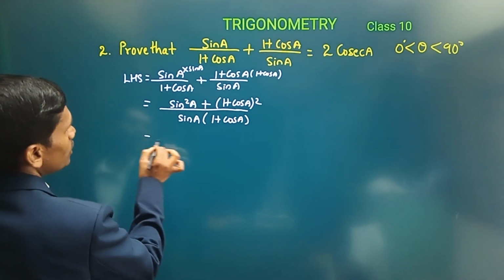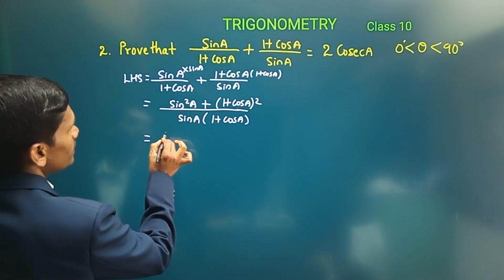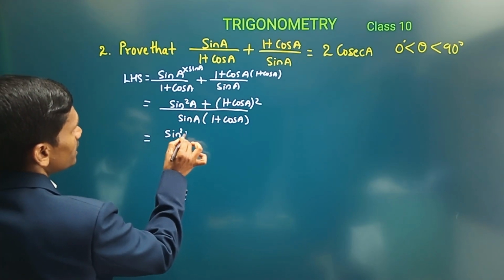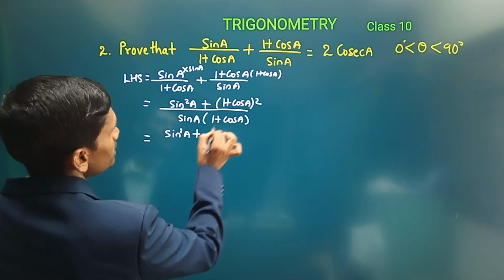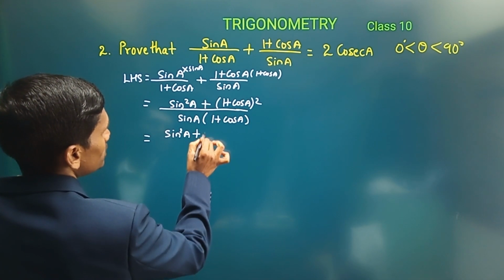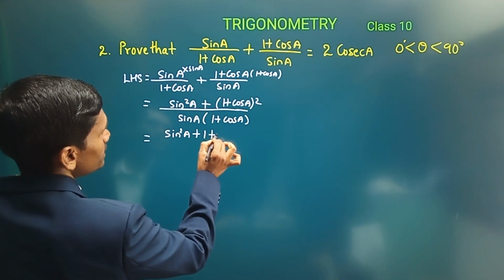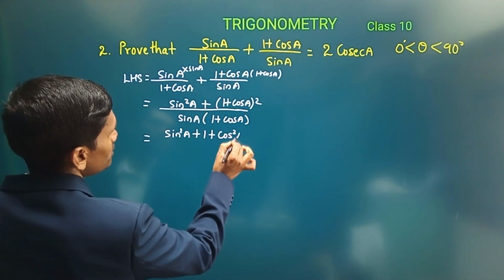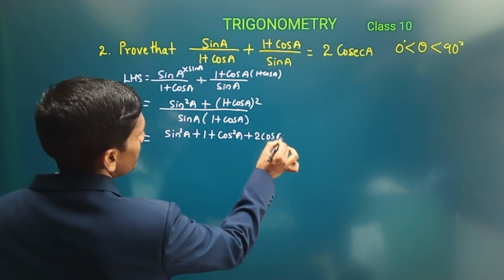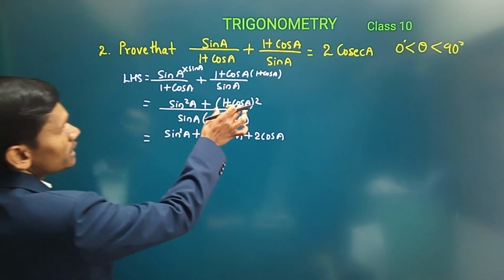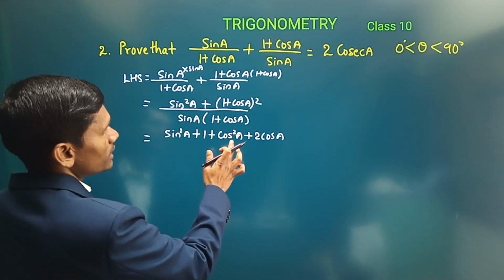Now let us go ahead with the simplification. Sin square A, let me write as it is. (1 plus cos A) whole square can be written as 1 plus cos square A plus 2 cos A. How are we splitting this? Very simple: (a plus b) whole square is a square plus b square plus 2ab.